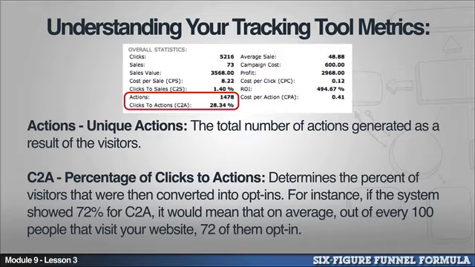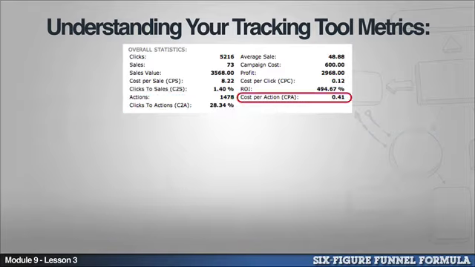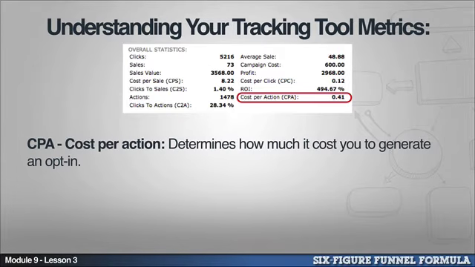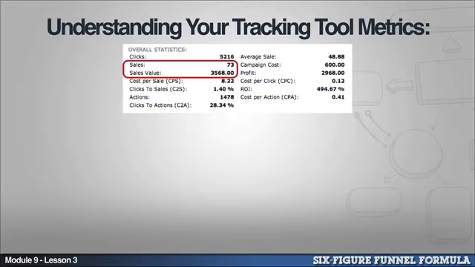And so that's what that number means. Now, the next metric that I want you to be aware of is this cost per action. And so cost per action determines how much it cost you to generate an opt-in. It's not really a metric that we use, but I just wanted you to understand what it means on your tracking report.